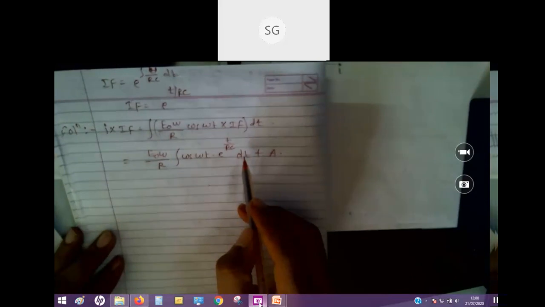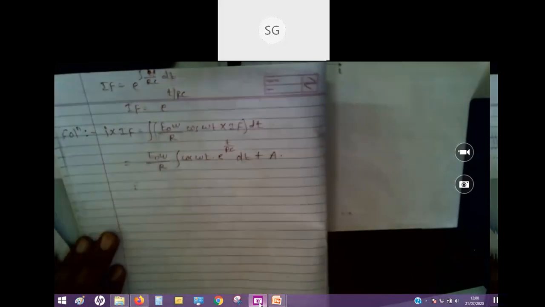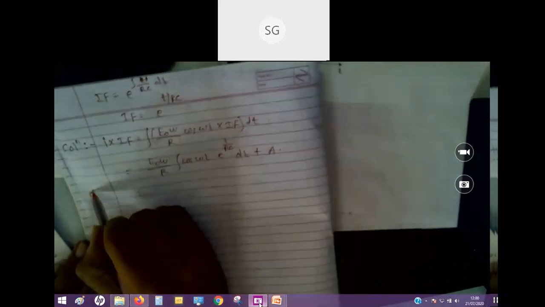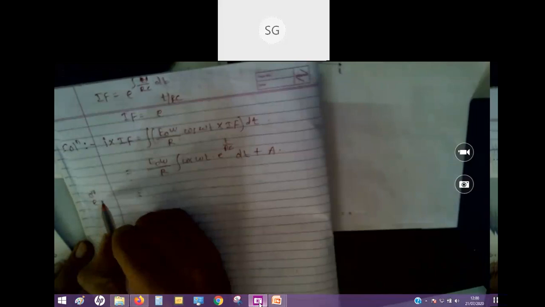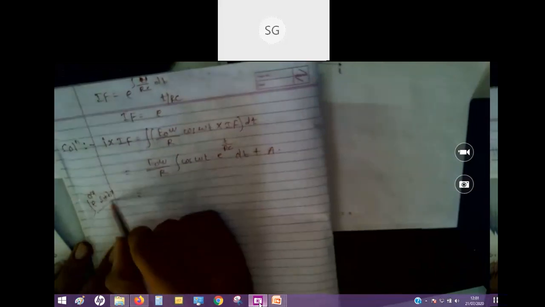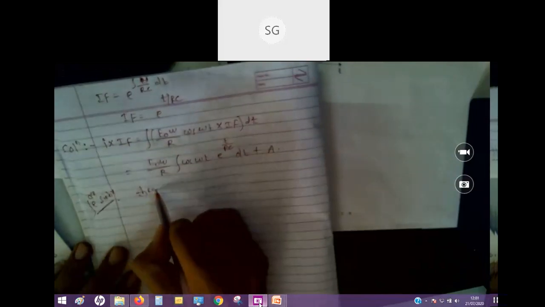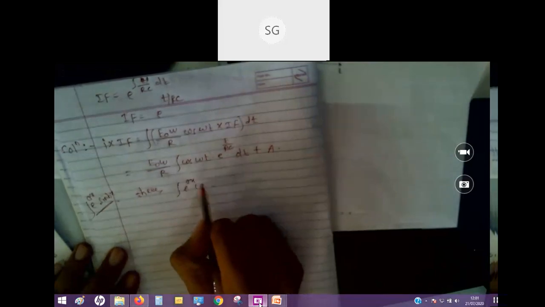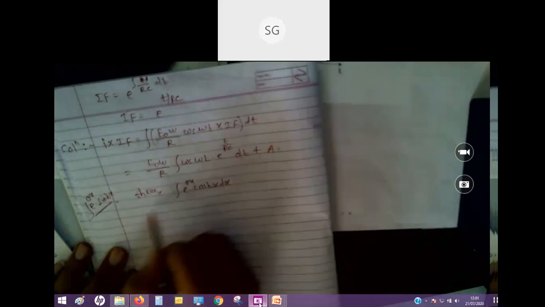Now what we will do: yesterday we saw one formula, the integration of e raised to ax into sin bx. How to do this integration? Here we will see one more formula: the integral of e raised to ax cos bx with respect to x.